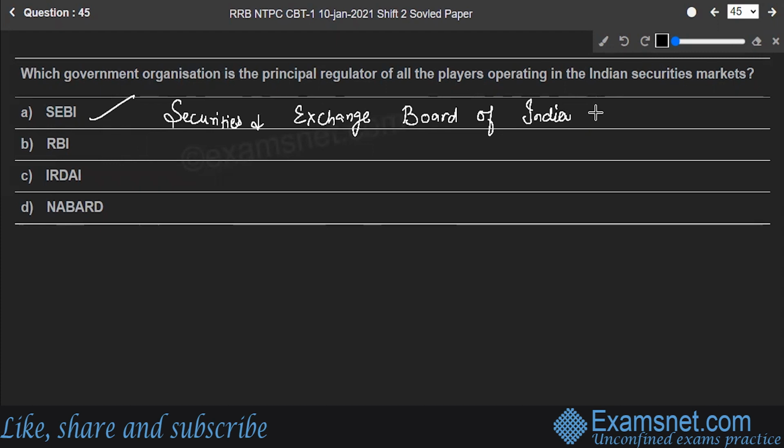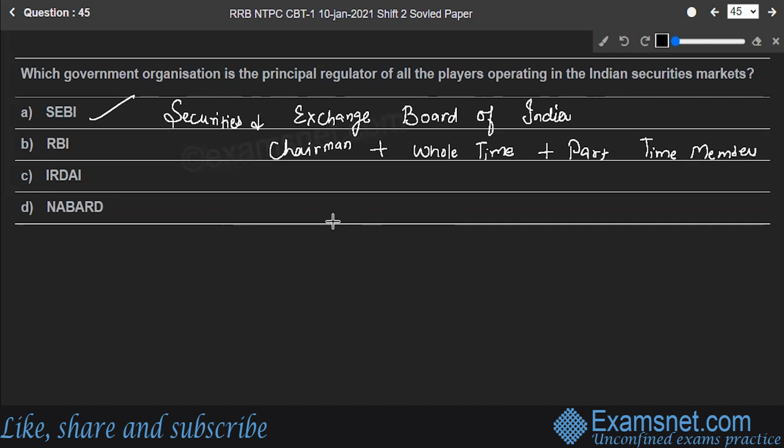The basic functions of SEBI are to protect the interests of investors in securities and to promote and regulate the securities market. SEBI is run by a board of members. The board consists of a chairman and several other whole-time and part-time members.